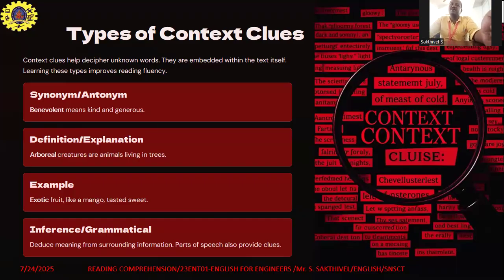Next, we are also able to define under what context the word is used. For example, arboreal means creatures, animals, living in the trees. And one more example: the exotic fruit, like a mango, tasted sweet. Exotic means what?